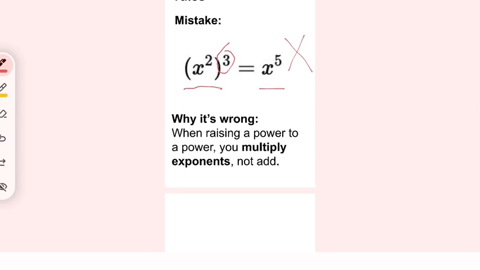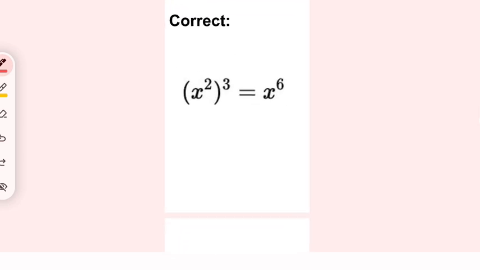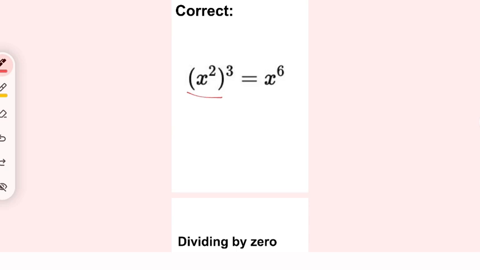Because when raising a power to a power, you multiply the exponents and not add. In this case, it was added to get 5. No, you don't add them. So the correct answer must be: x squared raised to the power of 3 is x to the 6. You multiply 2 times 3. That's x to the power of 6.